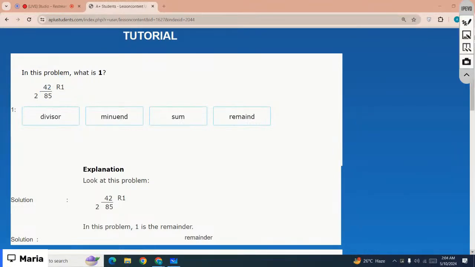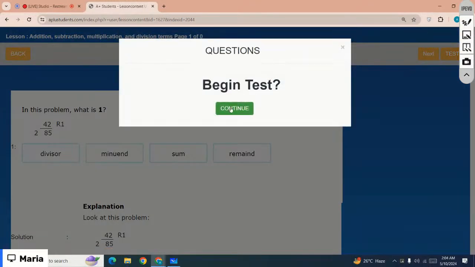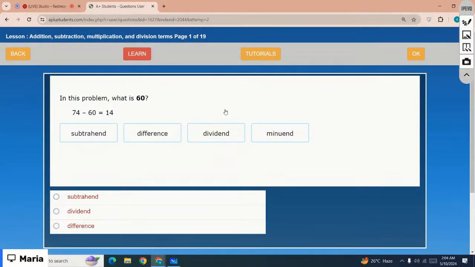Okay, let's just start with the practice questions. In this problem, what is 60? 74 minus 60 equals 14, right?